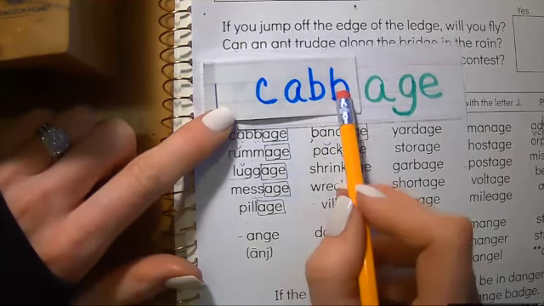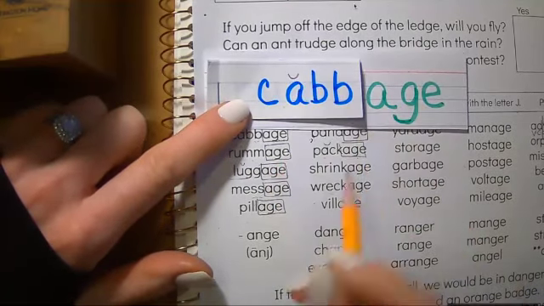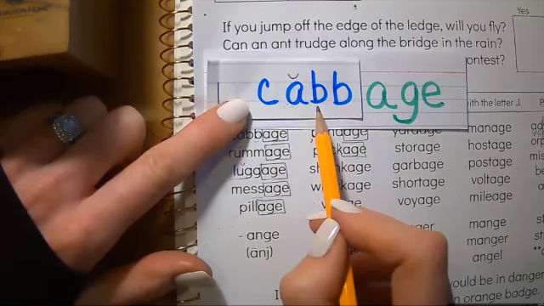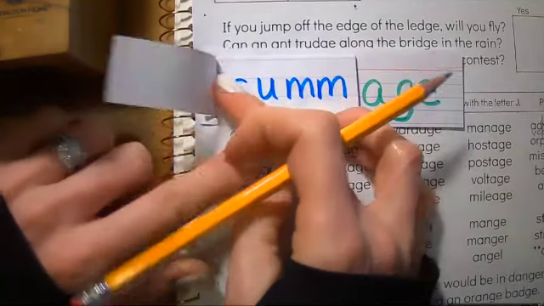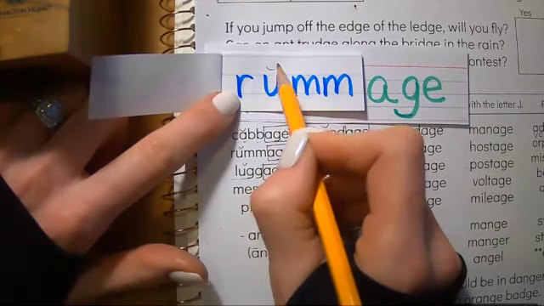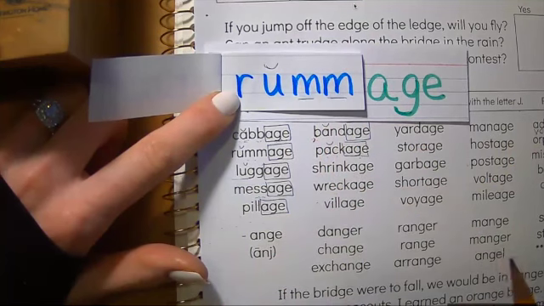Okay, cabbage. All right, this is a short vowel, right? There's a short vowel. So if the first syllable is short, then I have to double that consonant. So maybe we'll just mark that that's a double consonant before the AGE. Same with this one, rummage. Okay, rummage. The U is short, so I need to double my consonant before the AGE.